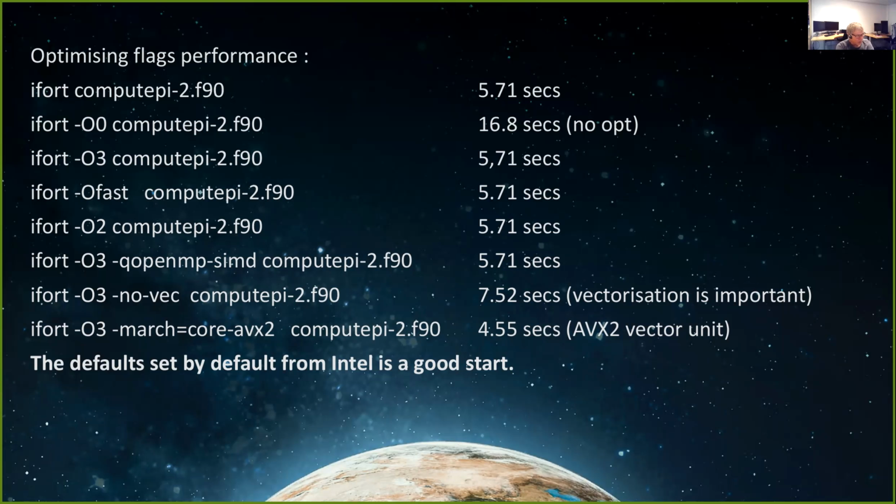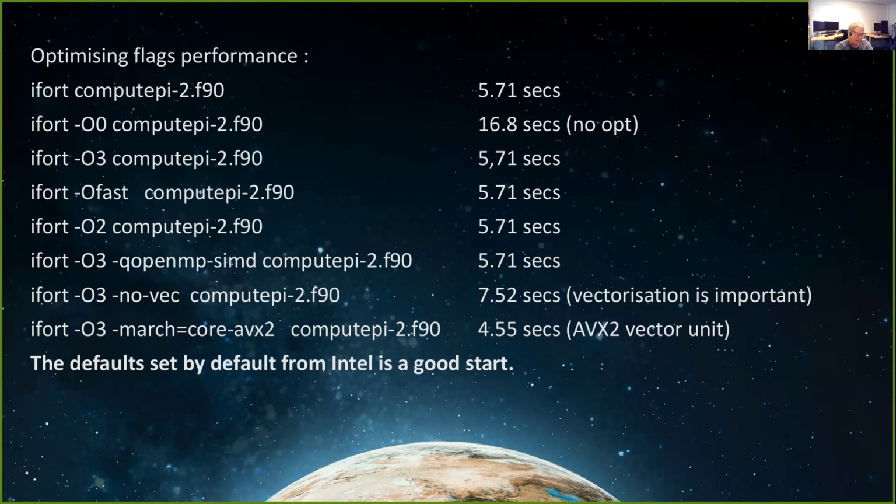Then we can fool the machine. This is run on Betsy. We can fool the processor into accepting, no, this is okay. You can use the march core AVX2 option, which works also on the AMD directly, and we can use the AVX2 vector unit.